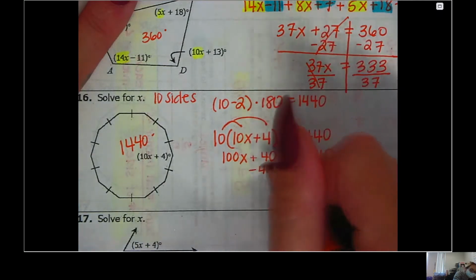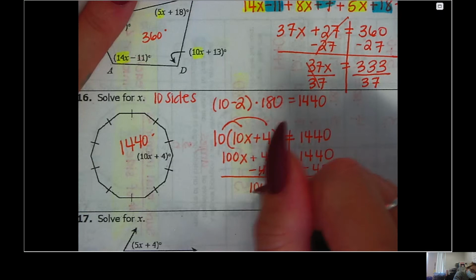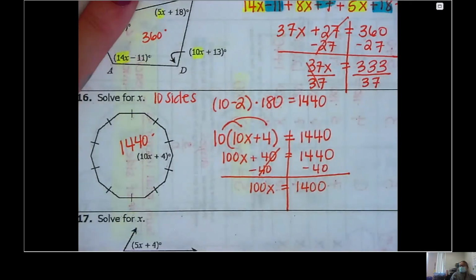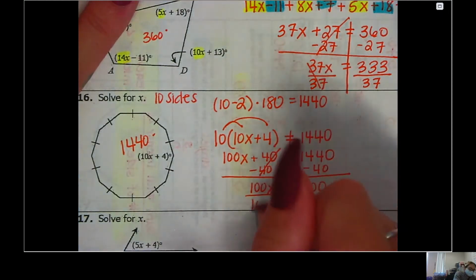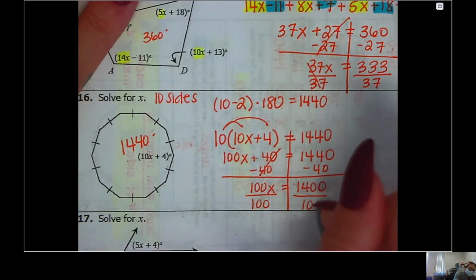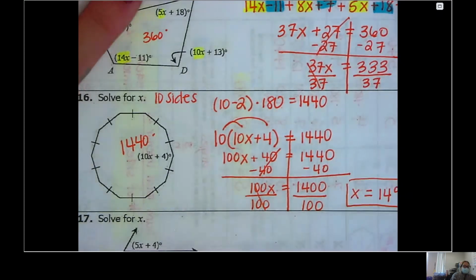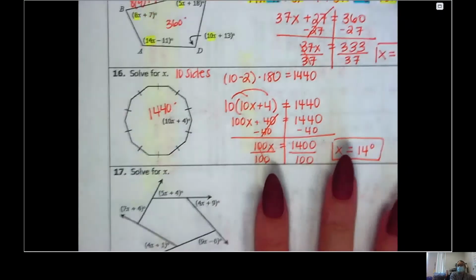Subtract the 40. I get 100x equals 1400, and then divide by 100. I get x equals 14 degrees. Fantastic. So that one looked kind of scary, I think, but was the easiest one, right?